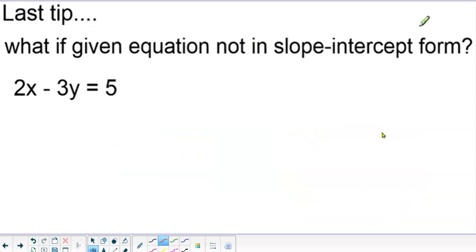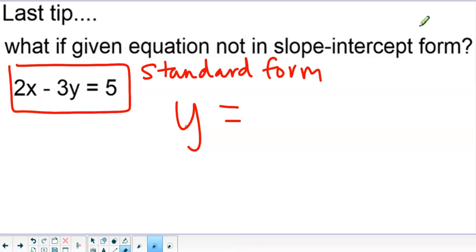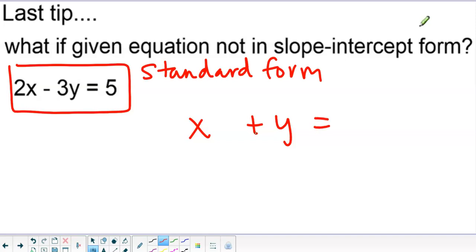For this next question, what if they gave you an equation that wasn't in slope-intercept form, that didn't have a y all by itself? Right now, this equation is in standard form. When an equation is in standard form, it means that the x and the y are on the same side. Sometimes they have a plus sign, and sometimes they have a minus sign here.